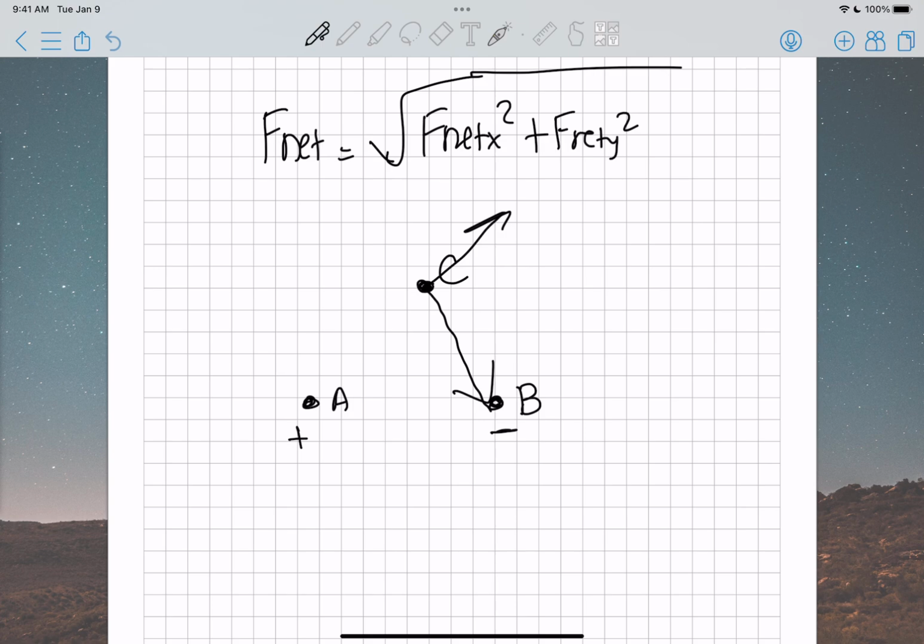I thought they were short problems, but no, these are long problems. So I'm going to go over those then.